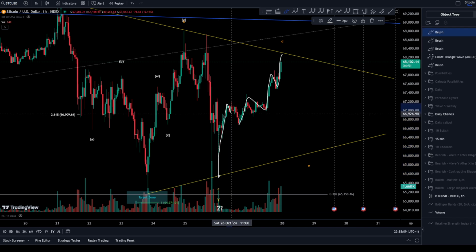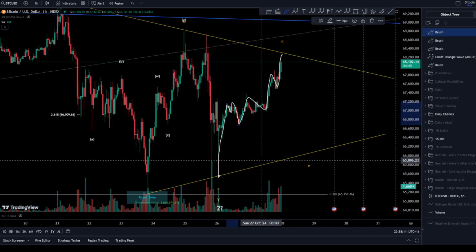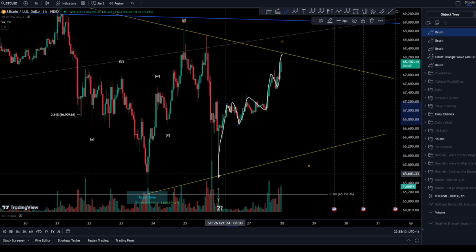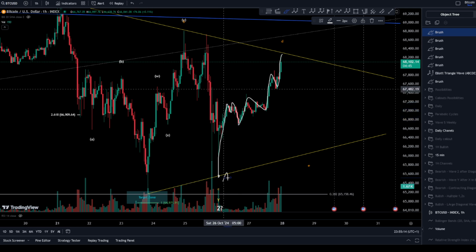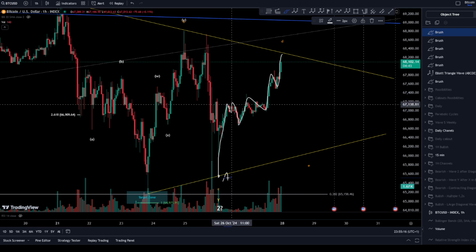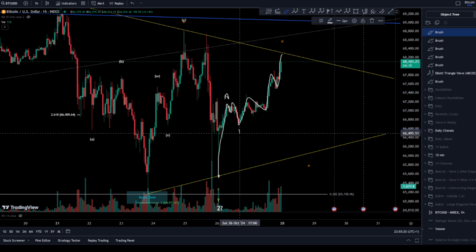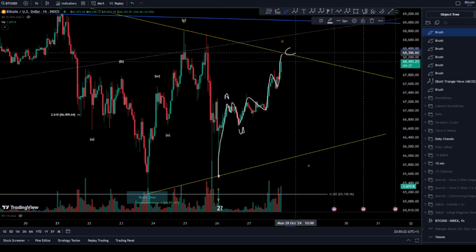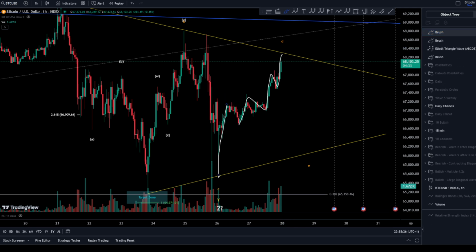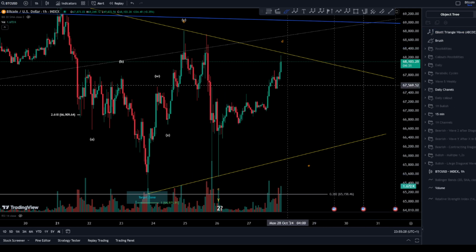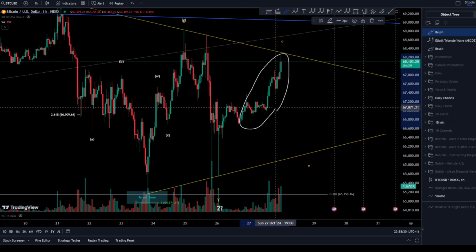And then you have an A, B, C as an expanding flat. So this is your A here, and your B, and then your C finished as a zigzag. Of course, the volume tells us that this impulse has finished.